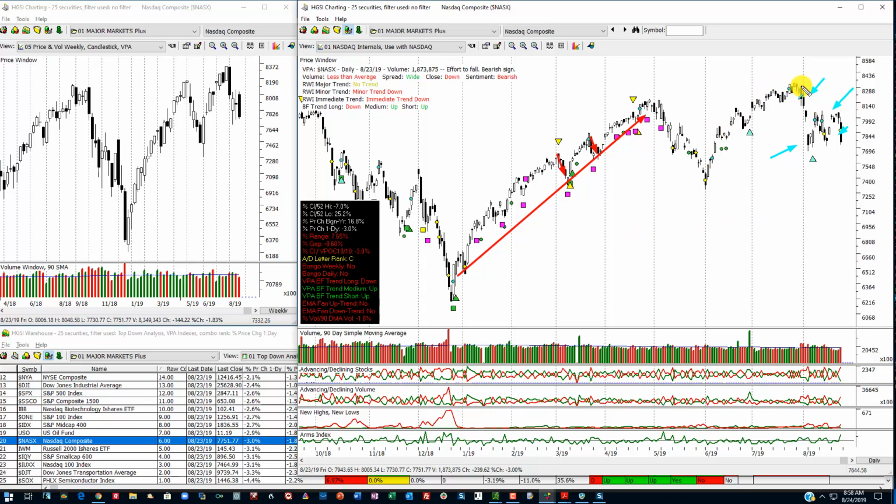So with this chop that's going on, let me go back. Now this was a pretty decent run right here. This V bottom, we had a V bottom, as you can see, but just over the past several weeks here, it has really been difficult, and I'll show you how difficult it's been.